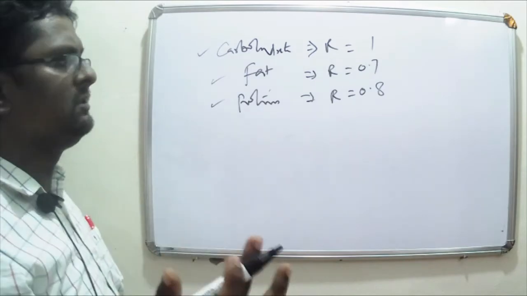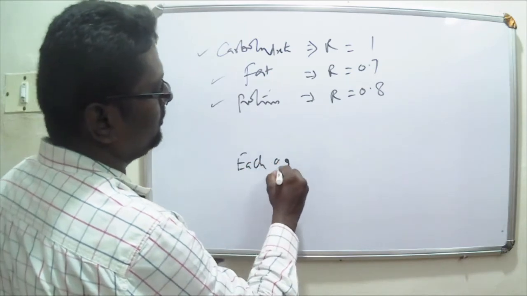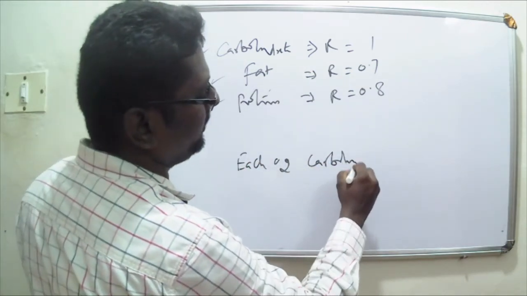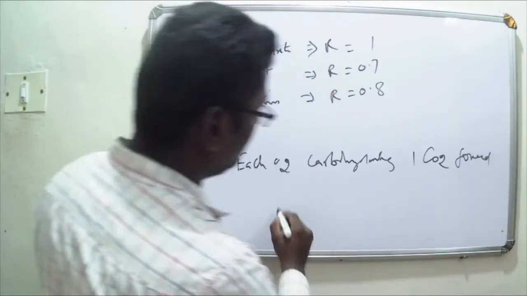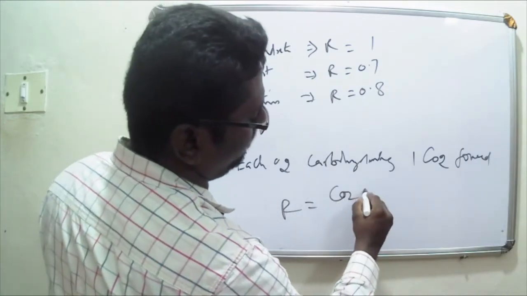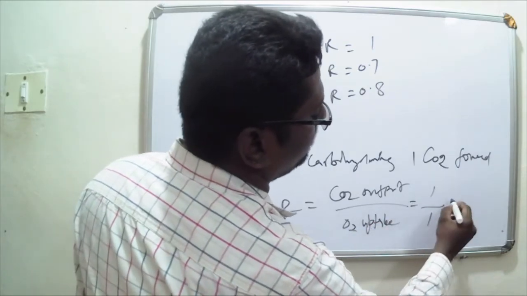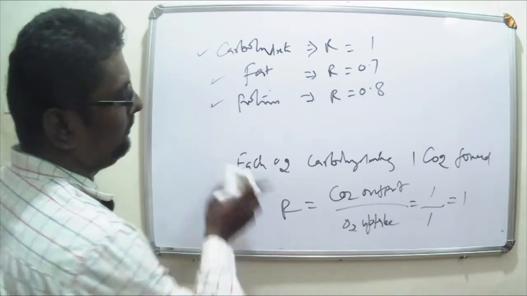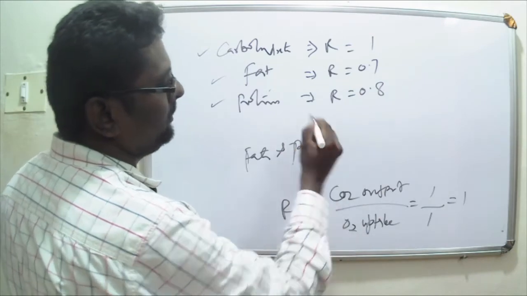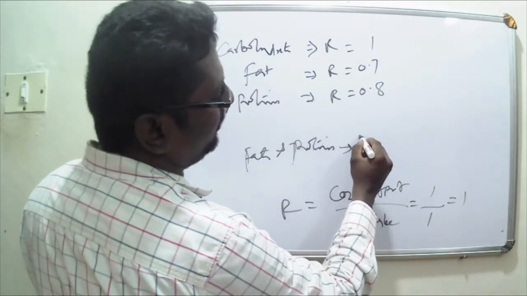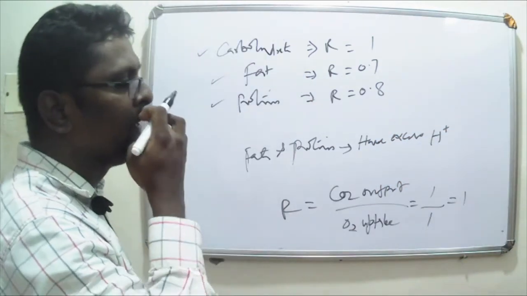So now we know that for carbohydrate the R value is 1, for fat it is 0.7, and for proteins 0.8. Now why is there this difference? This is because for each molecule of oxygen utilized by carbohydrates, one molecule of carbon dioxide is formed. R is equal to CO2 output by O2 uptake, so 1 by 1 is equal to 1, simple. For fats and proteins, what happens? These foodstuffs release excess H plus ions during oxidation.